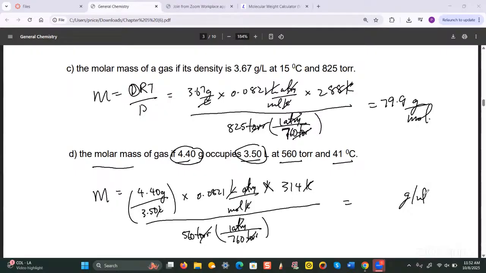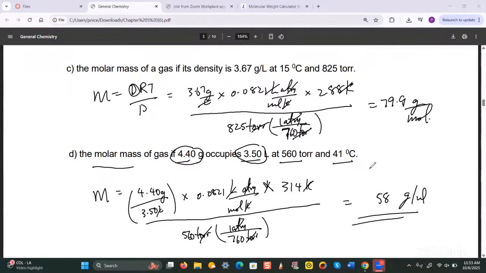According to my calculation, how many sig figs? 2 sig figs. So I got 58 grams per mole.